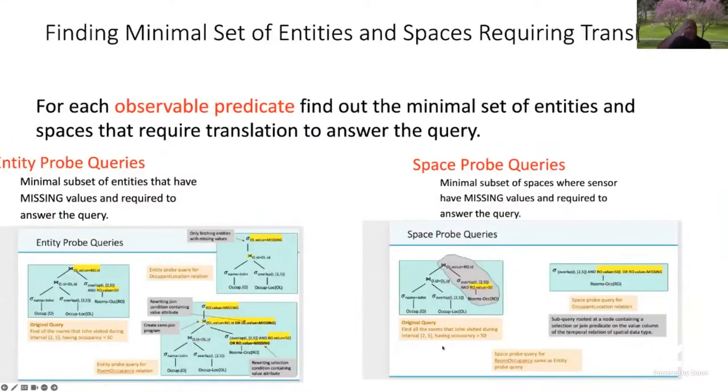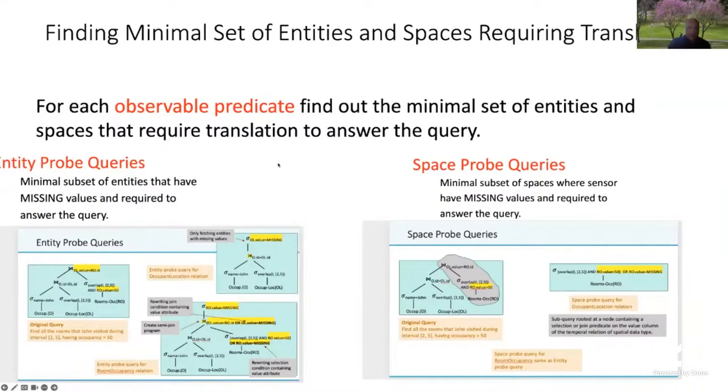To be able to do progressive execution, the implementation details can be complicated, but effectively what we do first is identify a probe query, which identifies, for each semantic concept to be determined, the minimal set of entities that we have to translate to be able to correctly answer the query.